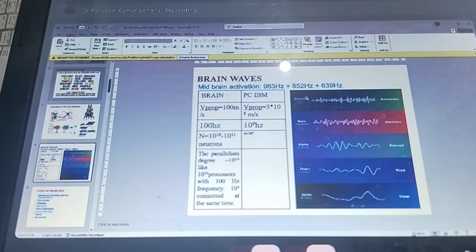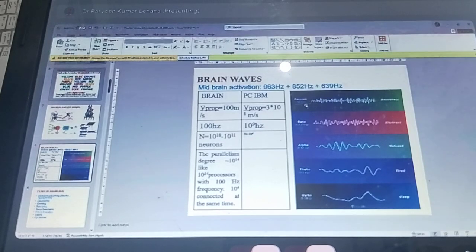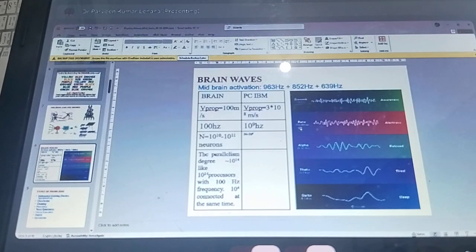For example, when our brain is aware, the wave generated is called gamma wave, whose frequency is greater than 30 hertz. When we are alert, it is called beta wave, and the range is 13 to 30 hertz only. When we are relaxed, the frequency is 8 to 12 hertz only, and this is our alpha wave.